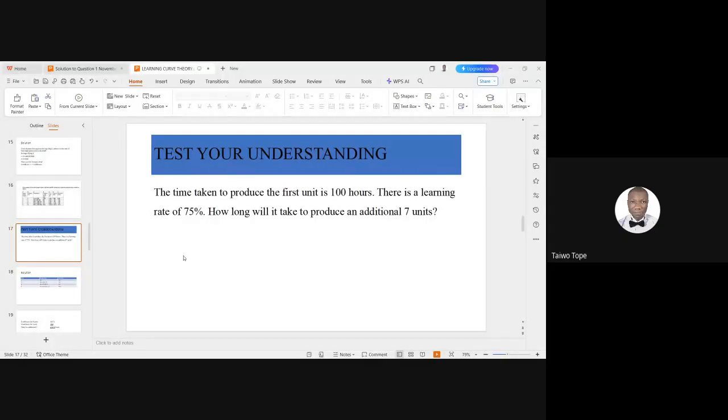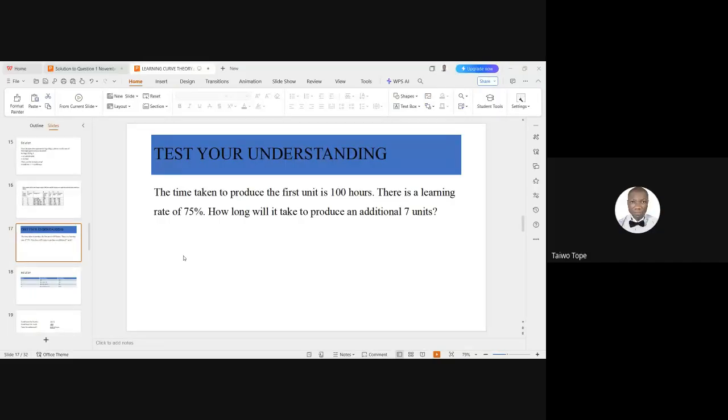For you to know the number of hours you need to produce 7 units, you must know the number of hours for 8 units. Then the difference between 8 units and 1 unit will give you 7 units.